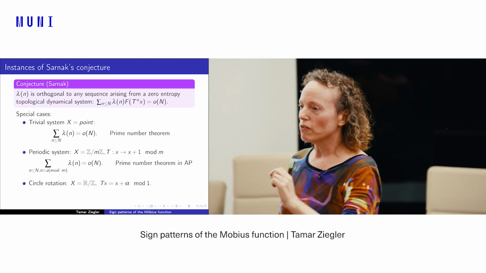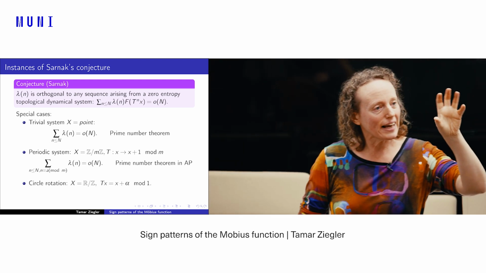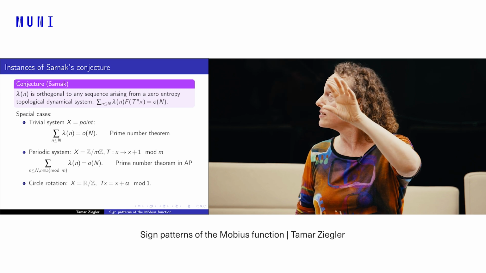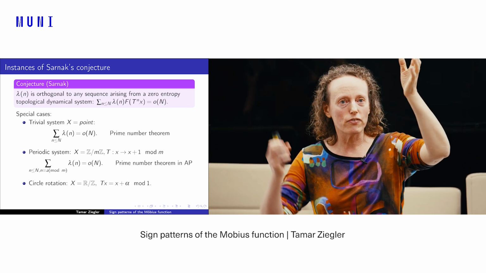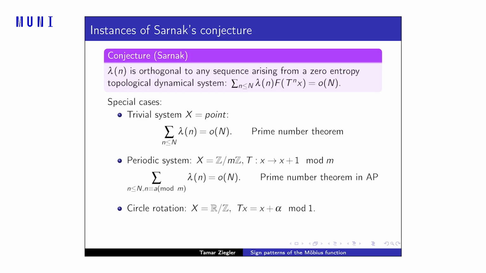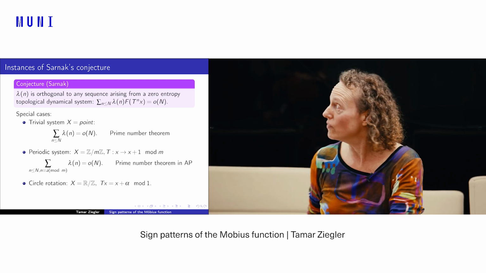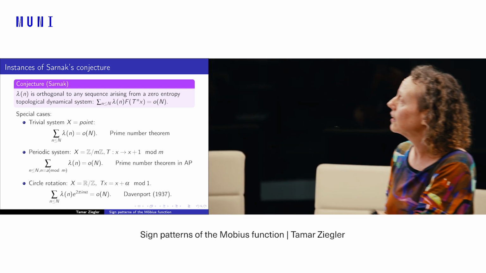Okay, so we go up a little bit in complexity. The next simplest system we can think of is a circle rotation. I can write it as R mod Z or S1 or the circle. So I look at R mod Z and I look at the shift by alpha. If alpha is rational, then I'm back to the previous case. But if alpha is irrational, then all these orbits are equidistributed inside the interval, and I can try to understand what the conjecture means for this system.